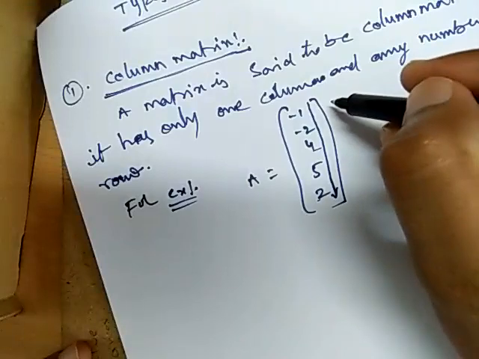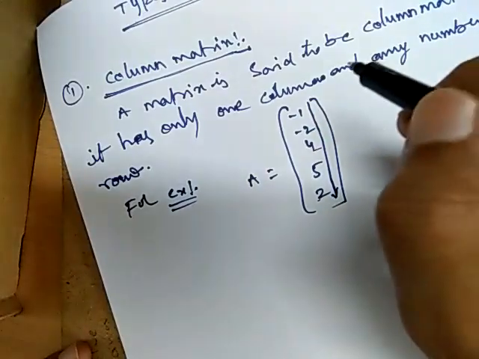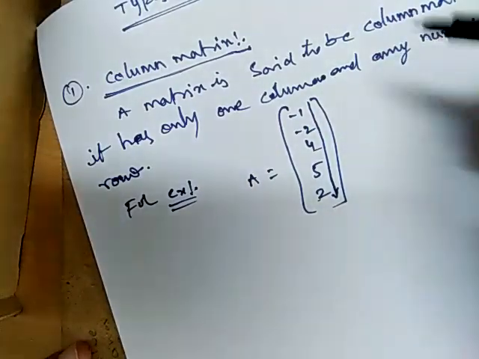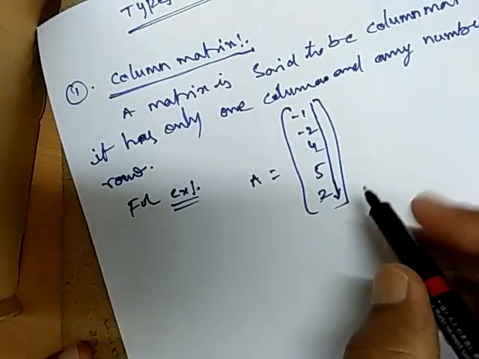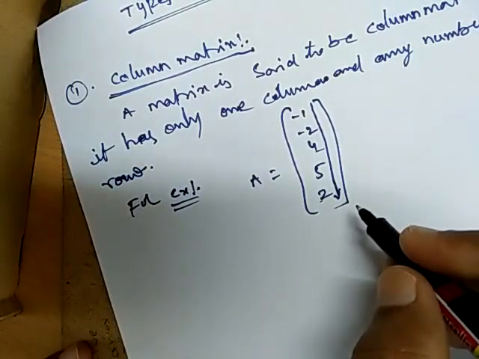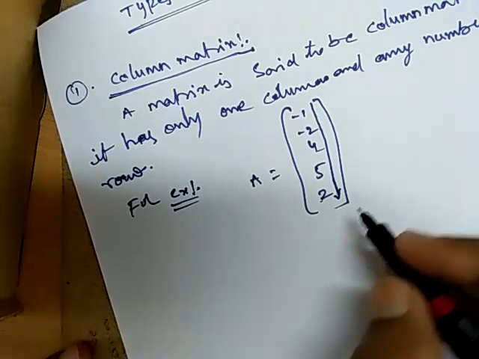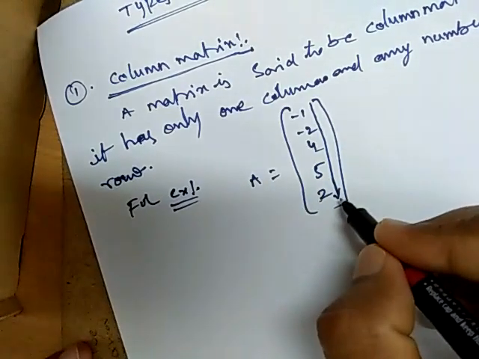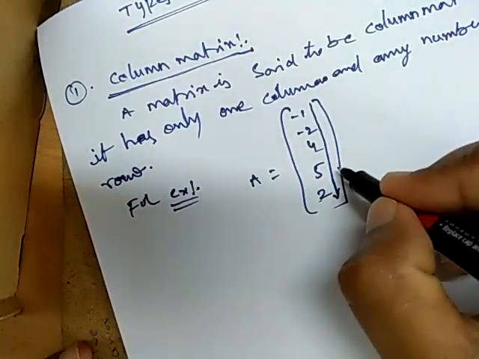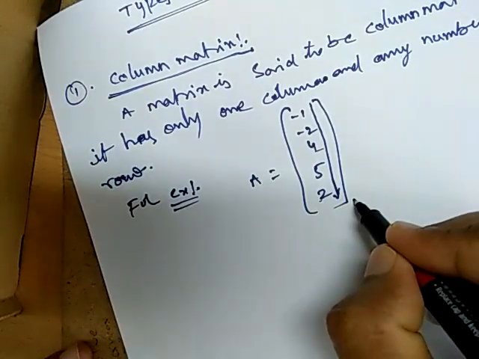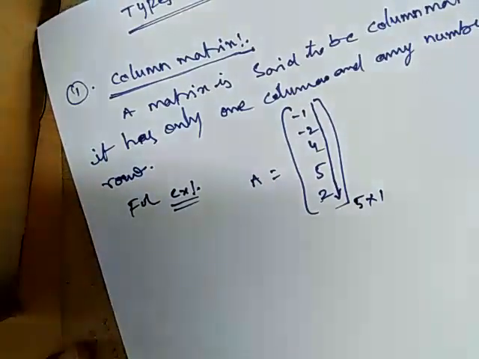We don't want a specific number of rows. Here only one column you should have. That particular matrix we call a column matrix. In that matrix, how many rows are we having? 5 rows in the column 1.